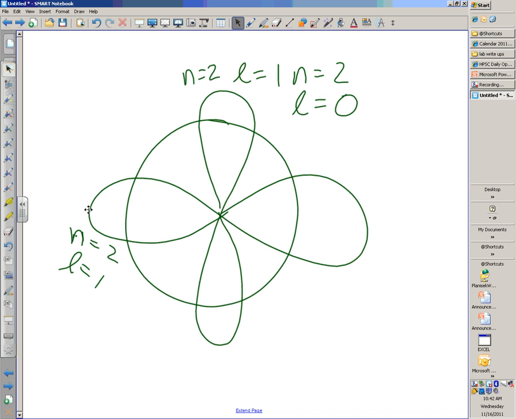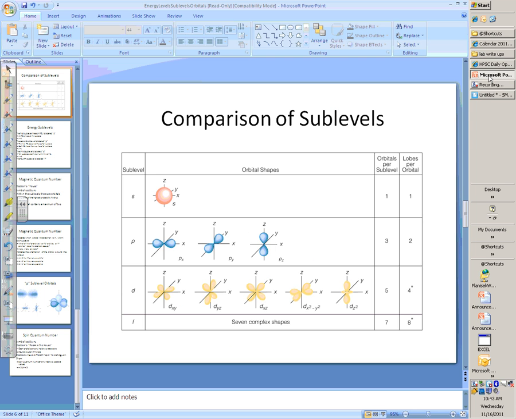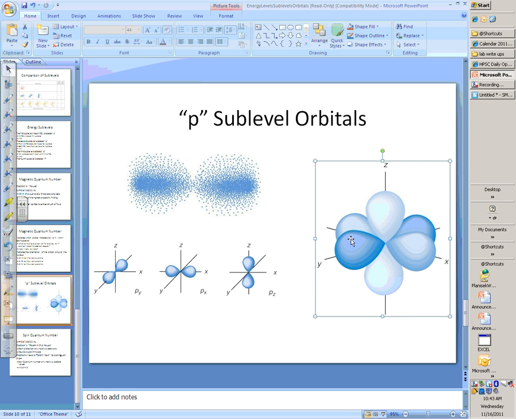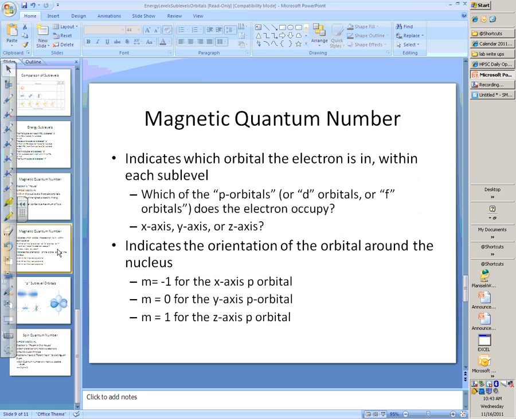Does that make sense? A lot like this picture over here on the right-hand side. We have to distinguish this one from this one from this one. That's where the magnetic quantum number comes in.